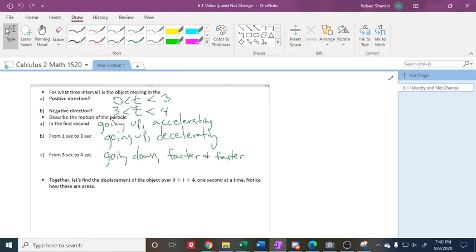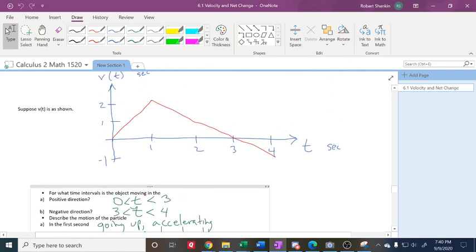In the first second, what's my displacement? I can't say it's 2 minus 0 because this is not a position function. This is just a velocity function. So how am I going to get the displacement in the first second?